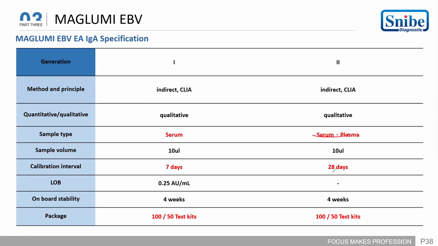The sample volume and onboard stability are enhanced, as are the calibration intervals, and a pack size of 150 tests is available. So utilization within 1 month is recommended on the basis of workload. The customer can decide what number of tests are required to utilize the reagent within 1 month.